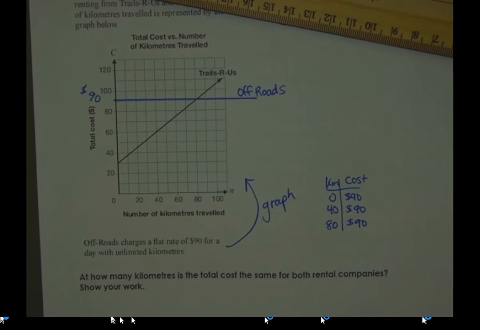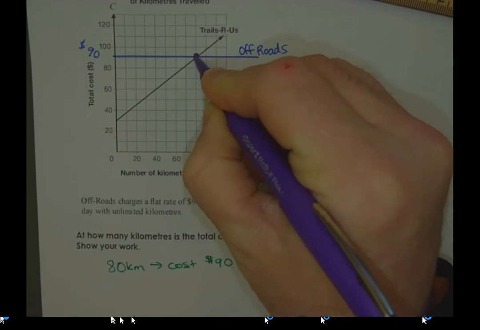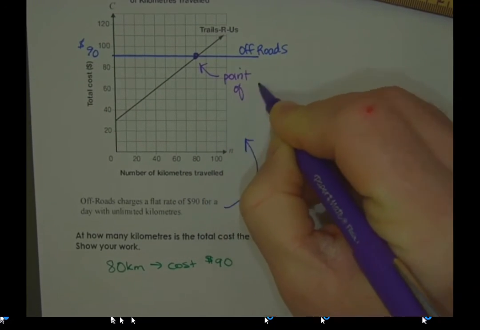So I'm going to push pause, write down what you think, give it a go. Hopefully you said that 80 kilometers is the same number of kilometers that's going to cost $90 for each. The question is, why is that the answer? Well, there's two ways of understanding that. What's called the point of intersection.